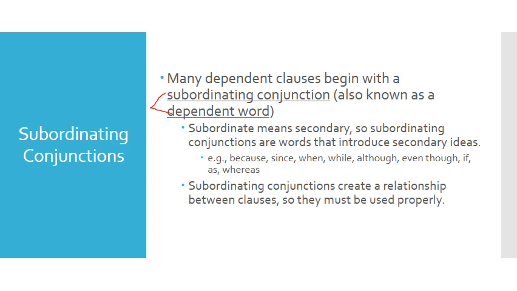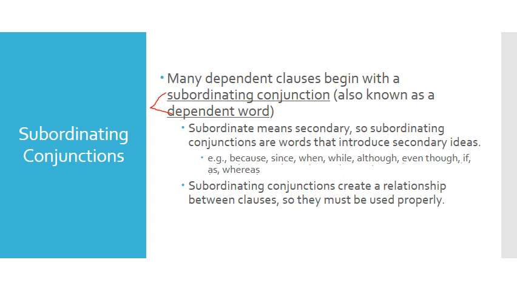They are not the only subordinating conjunctions: because, since, when, while, although, even though, if, as, whereas, and sometimes we use when, while, okay? So these are examples of subordinating conjunctions.